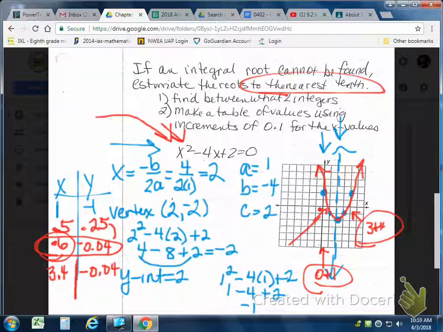It matches the other one, doesn't it? We'll go ahead and say, Mackenzie, what did I give you? 3.5. And is 3.5, I'm guessing, 0.25? Aren't they symmetrical? Check this out. See how they're symmetrical? And we agreed that negative 0.04 is closest, so it's 3.4.